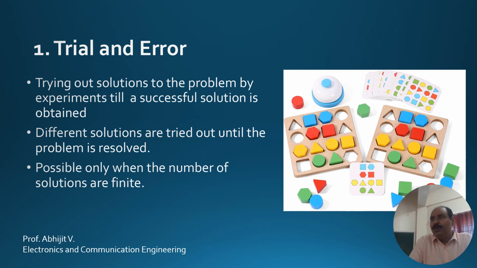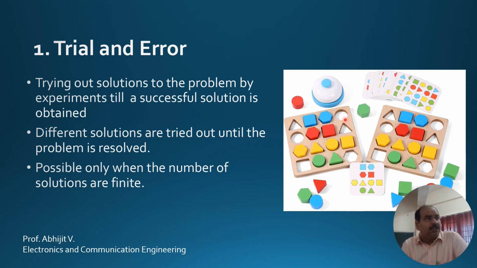How is it going to help us solve a problem? You can see a game here, which most of you would have played in your childhood. You take the first piece and check whether it fits into the next one. If this suits, your problem is solved.